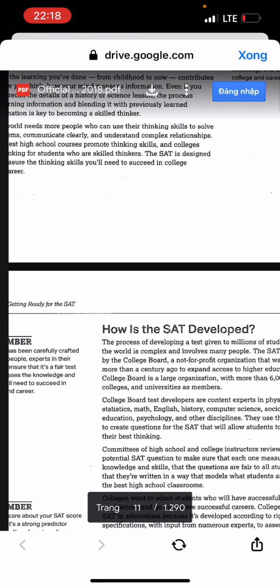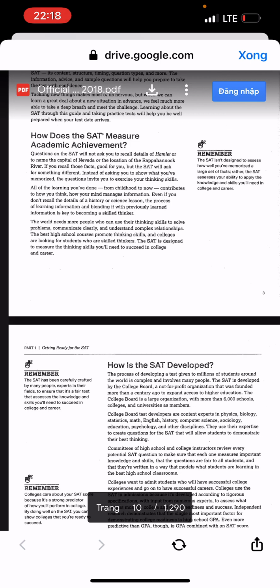How is the SAT developed? The process of developing a test given to millions of students around the world is complex and involves many people. The SAT is developed by the College Board, a not-for-profit organization that was founded more than a century ago to expand access to higher education.